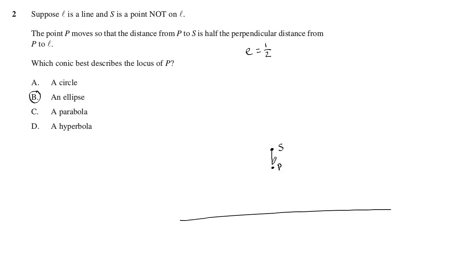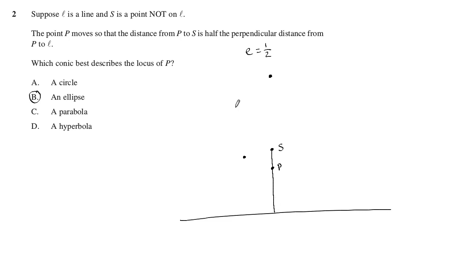So there's the distance from P to S, and the distance from P to L is twice as much. That would be one possibility. We could have something sort of maybe around there, where that distance is about half that. We could have a point up here. That would be another possible value of P, because that distance is half of the distance from there to there.